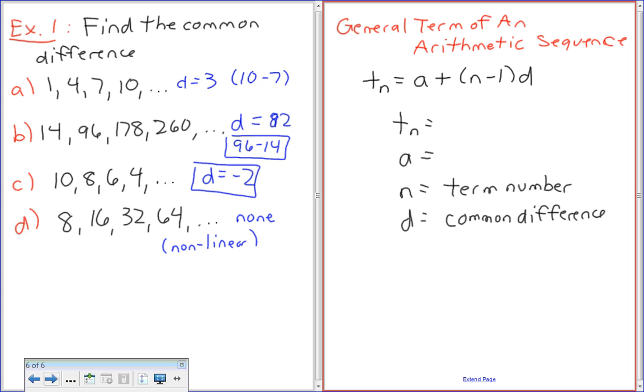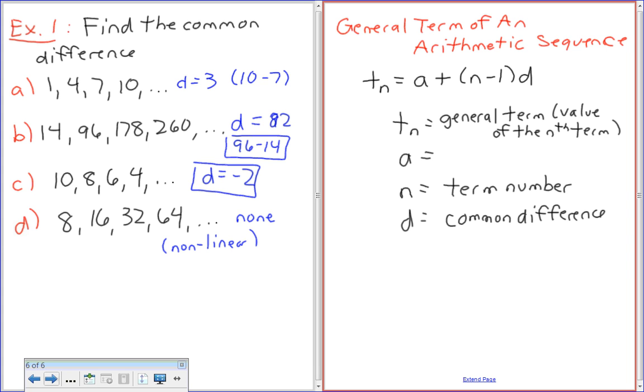No. This is going to be the general term, or the value of the nth term. And a, what does a equal, please? Nobody knows this one. This is going to be our first term.